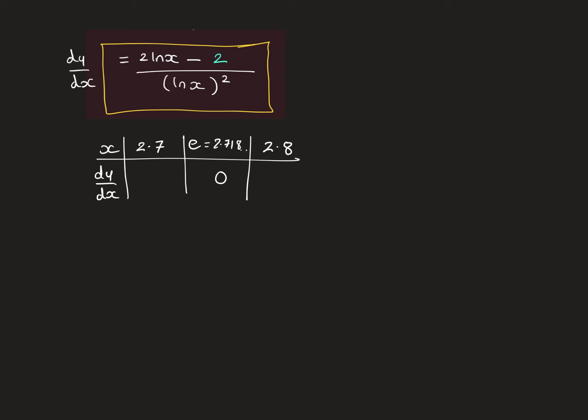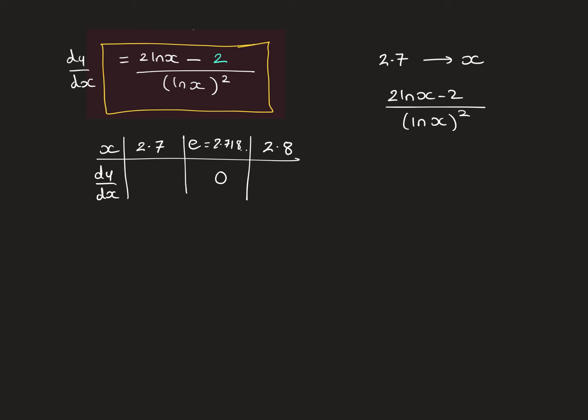Now, there are so many ways I can do this very easily using the graphical calculator. One way in which I can do this is to store 2.7 to start off with as x, using the arrow key and the x key, which is just underneath the alpha key there. And then I simply input the dy by dx calculation in terms of x.